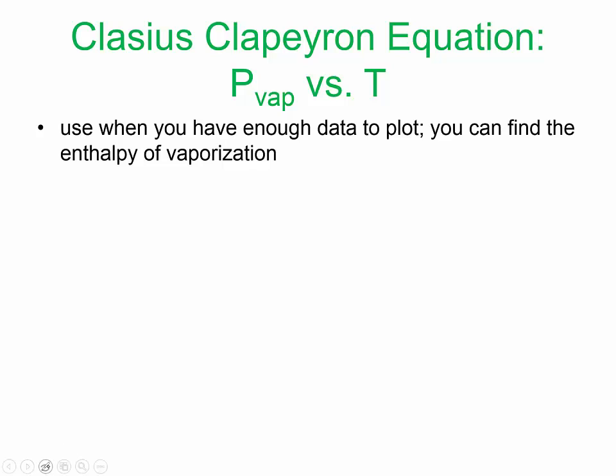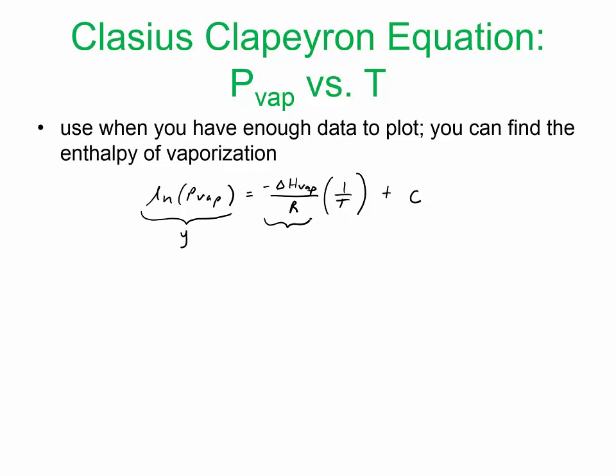So if you have temperature and pressure data, then we'll be using this form of the equation. It looks like this. You take the natural log of the vapor pressures, and you take an inverse of the temperatures, and you'll see that the way this is written is actually in a familiar form of the line equation.